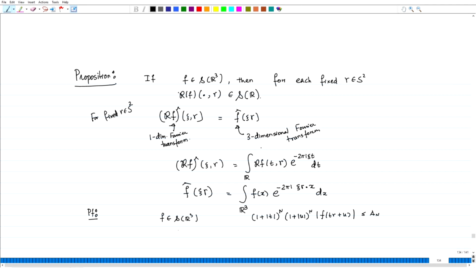So, in order to show that Rf is a Schwartz class function, we need to show that the supremum over t of (1 plus |t|)^n |Rf(t, gamma)| is finite. That is what we want to show.